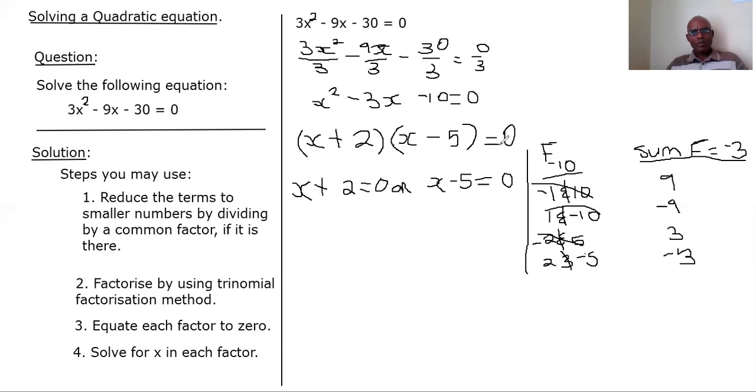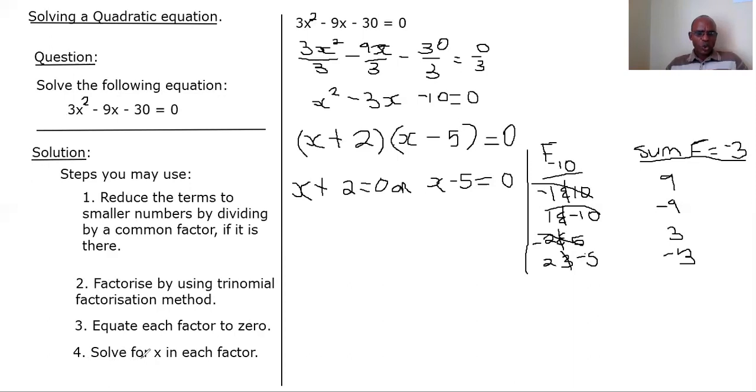Any number multiplied by 0 gives us 0. That's the reason why we are equating each factor, because it could be this bracket equals 0, such that when we multiply by x minus 5, it gives us 0. Or it's this bracket equals 0, such that when you multiply by x plus 2, it will give us 0.